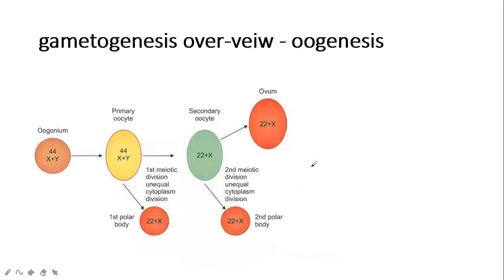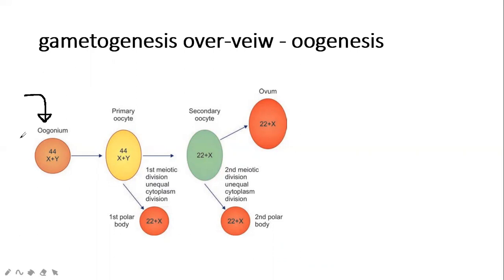Now let's look at the overview of oogenesis. There is this germ cell called the oogonia. Within the ovary, we find the oogonia within the cortex, and within the medulla of the ovary we find the neurovascular structures.